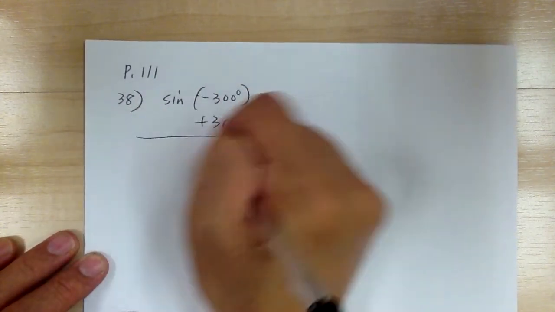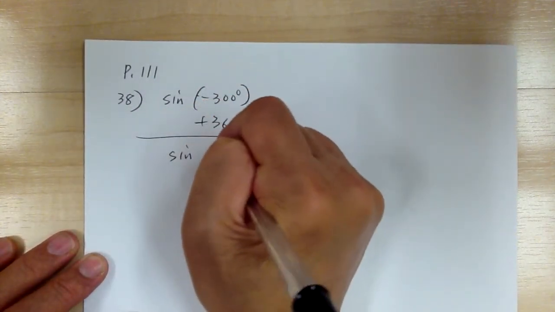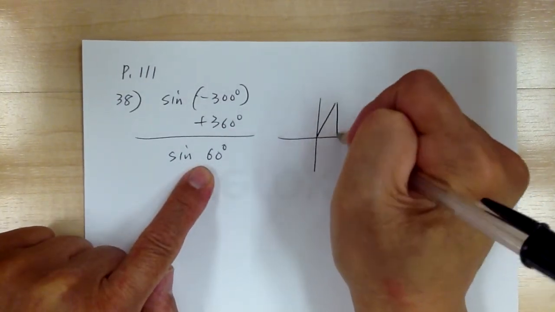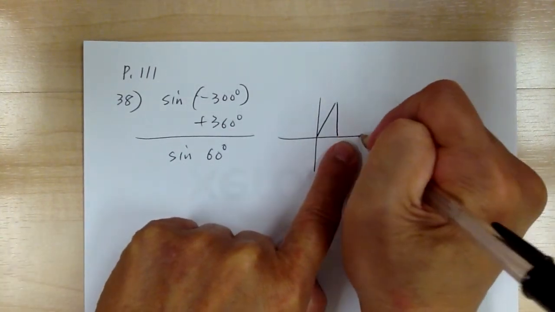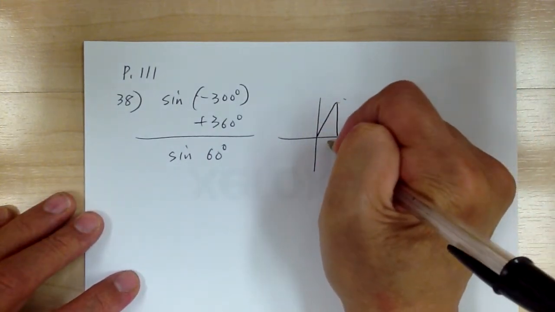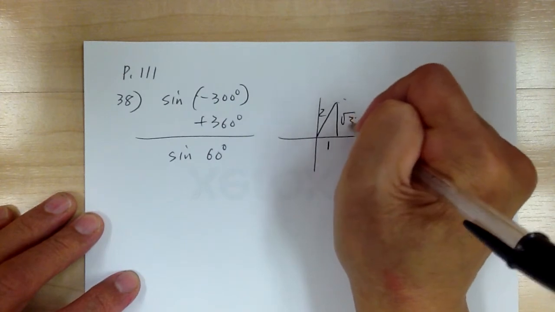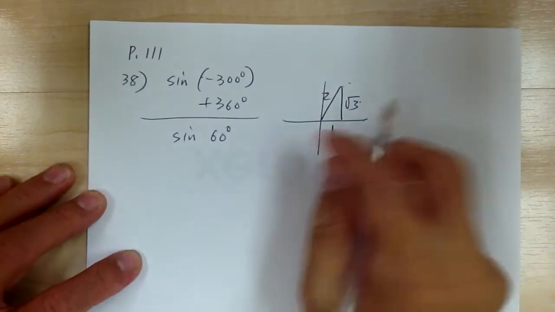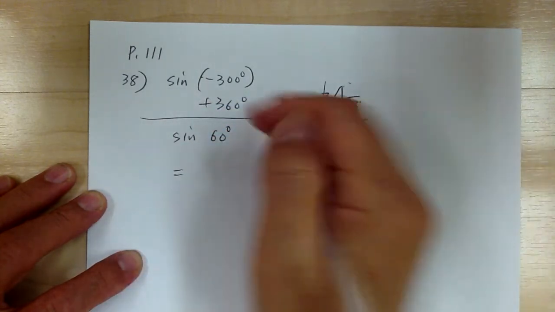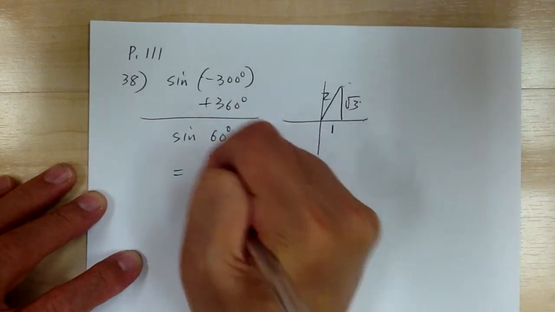You end up with sine of 60 degrees, and this is much easier to do. 60 degrees is 2 numbers on the clock. You start off at 3 o'clock, go this way, and you end up at the 1 o'clock position. Your numbers would be 1, 2, square root of 3, and all these are positive. Sine is vertical over hypotenuse, so this is equal to square root of 3 over 2.